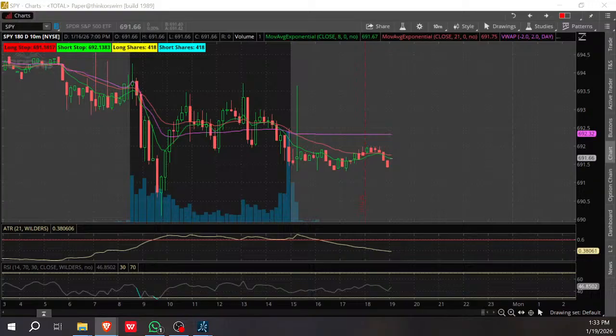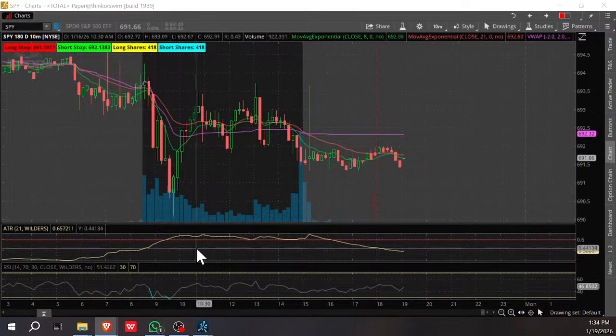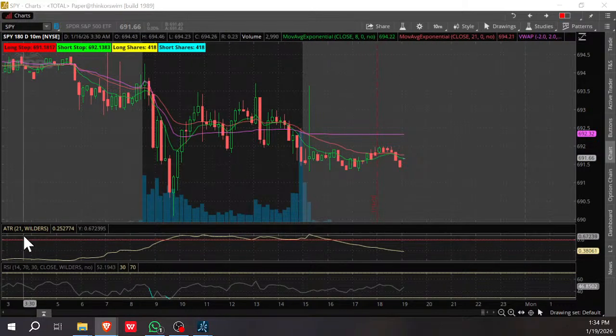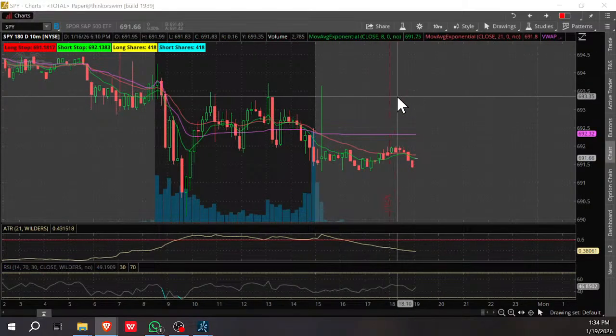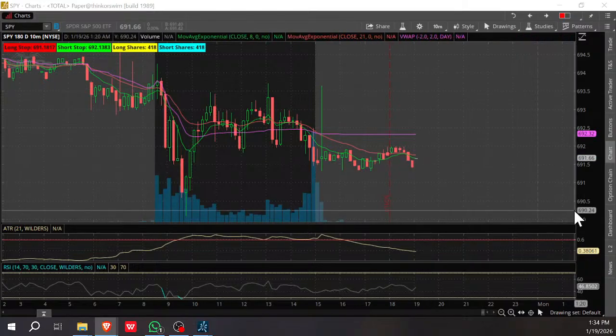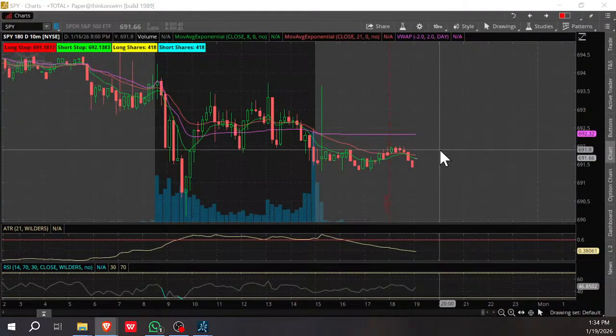Mira, buddy, lo que estaba viendo yesterday es que I'm gonna start using the ATR, el average true range, because on the 10-minute chart, all the time, if the average true range is at 0.38, that means on the 10-minute it can move up or down 38 cents.